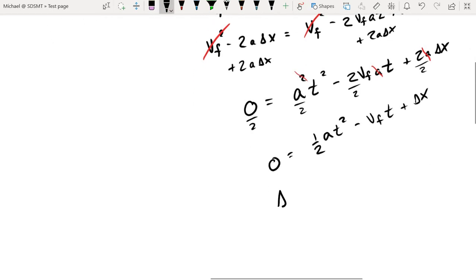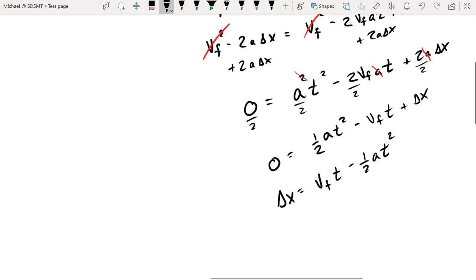And so delta x would equal, we're going to move the other two terms over by subtracting them over. If we subtract negative v final t, that becomes positive v final t. And if we subtract the 1/2 at squared, we get negative 1/2 at squared.